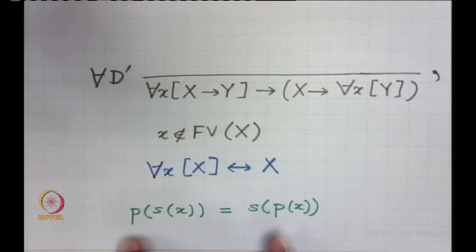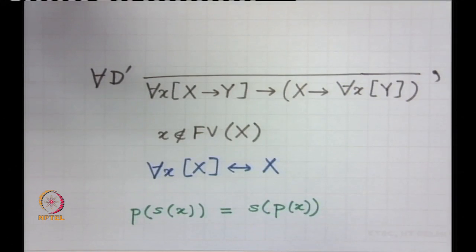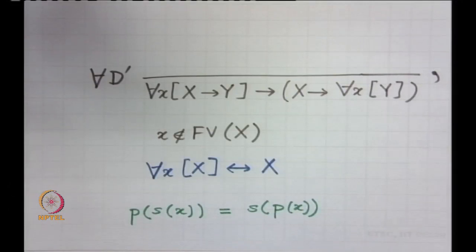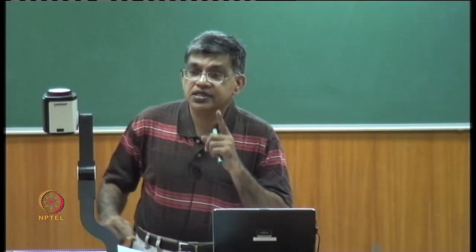So you do have identities like this, and these two do not syntactically match. But in any valuation, in any model of the integers, for any value of x, the resulting values you get on the two sides are the same.